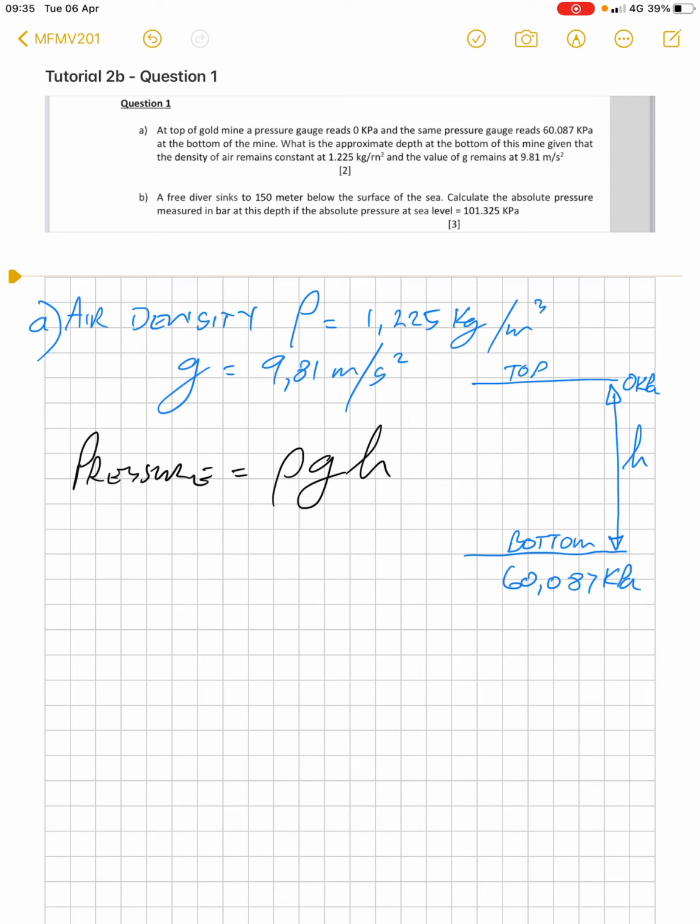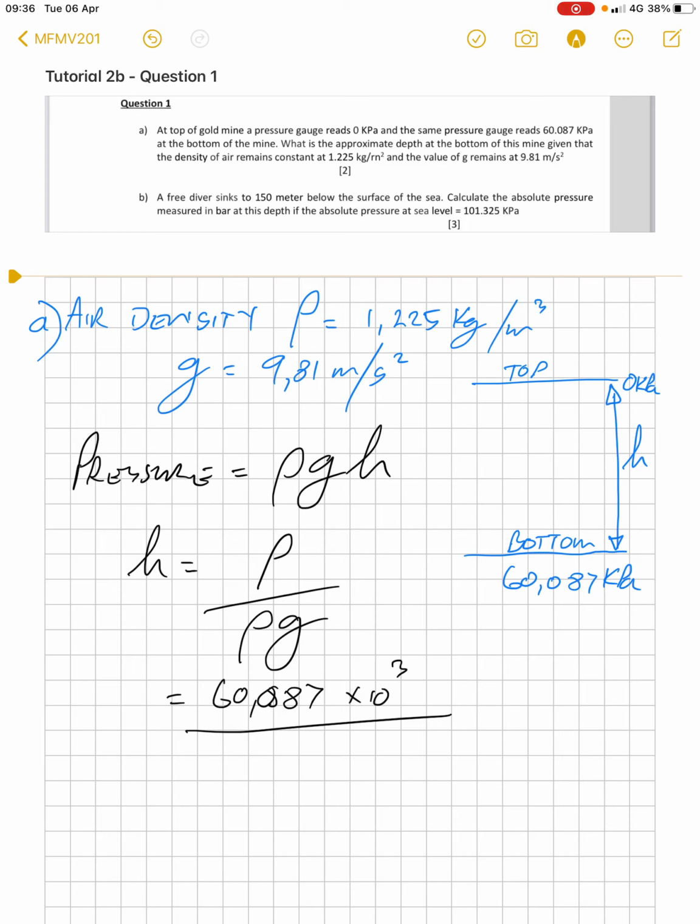So if we make h the subject of the formula, we've got P over rho g, and our pressure at the bottom of the mine is 60.087 times 10 to the 3 pascals.